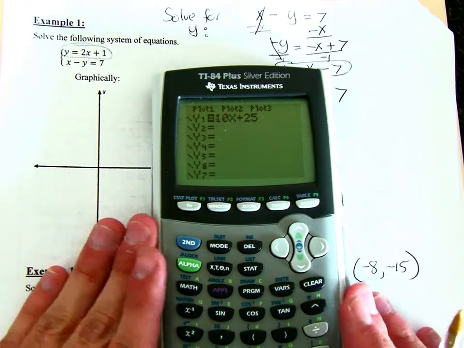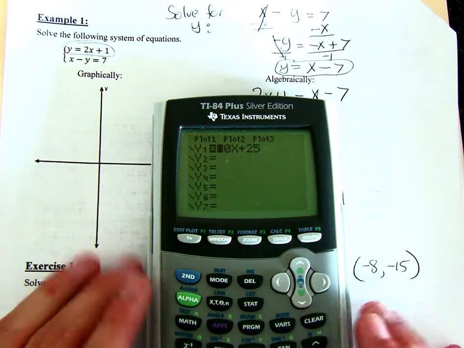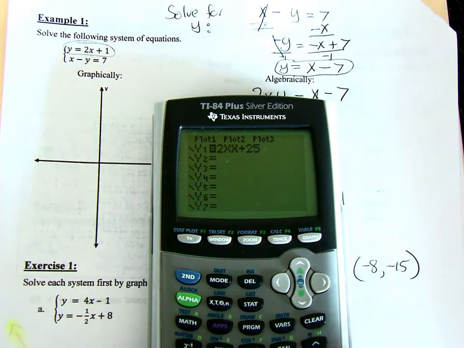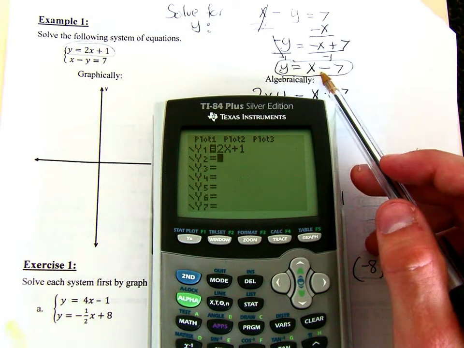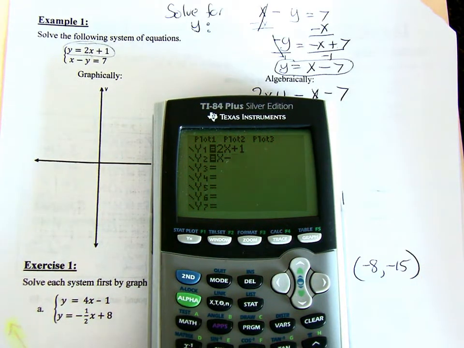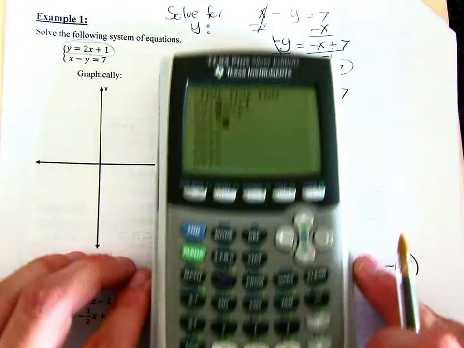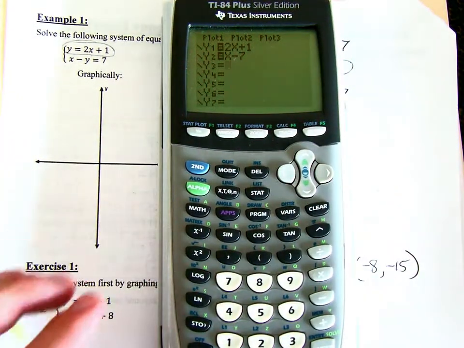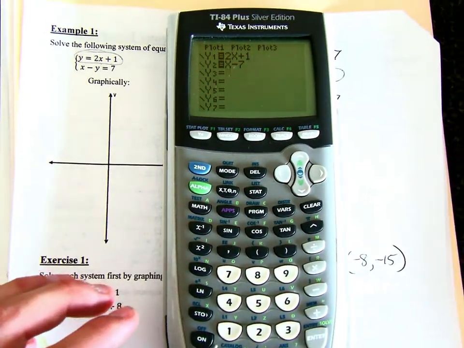I turn it on, go to y equals, and type in 2x plus 1 as my first equation. My second equation is going to be x minus 7. So now I have my two equations in my calculator.